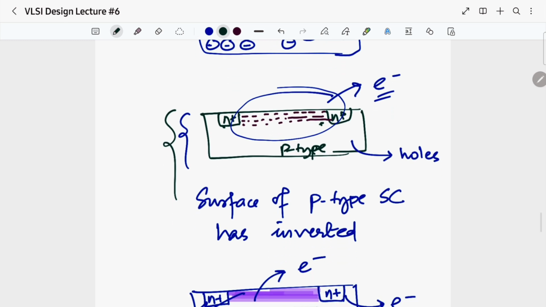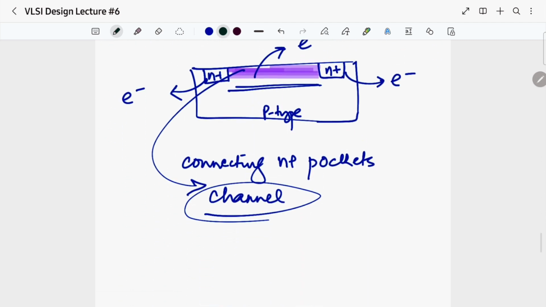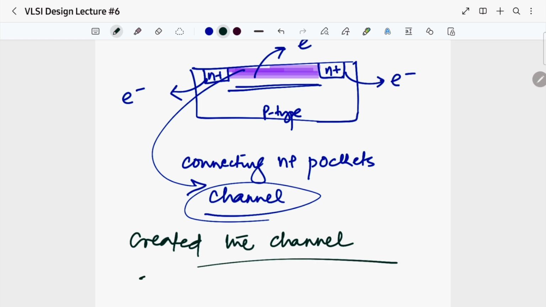So this step is called surface inversion. By this we have created the channel. We have created the channel.